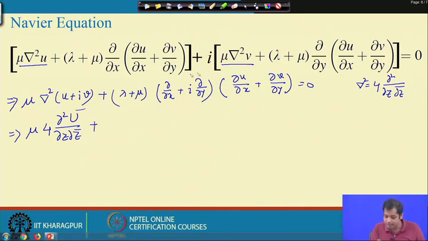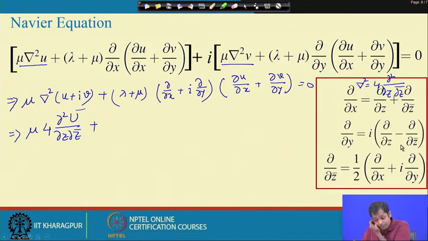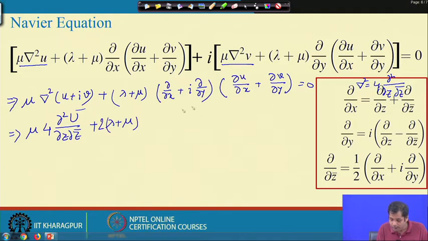Now, then we have this term. If you recall the relation between del x, del y and del z bar, this expression del x plus i del y gives you 2 into del by del z bar. So, this becomes lambda plus mu into 2 del by del z bar.